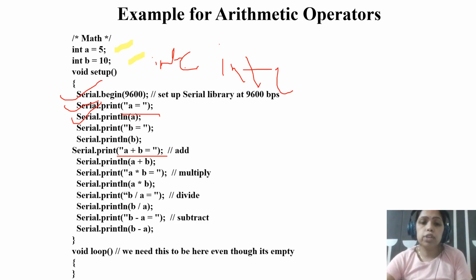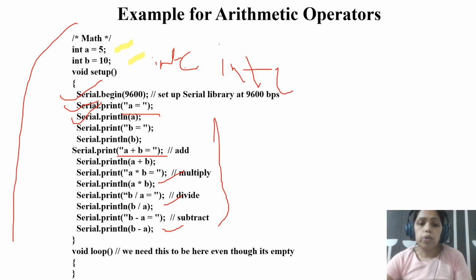On another line you can write C is equal to A plus B, and directly print it as Serial.println C. In this way you can do A asterisk B for multiplication, A by B for division, and B minus A for subtraction.